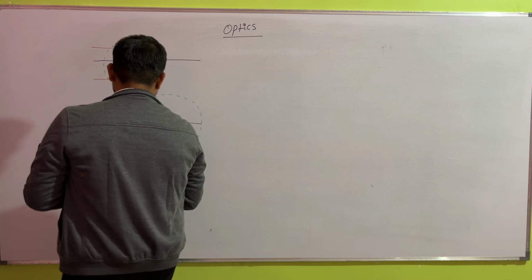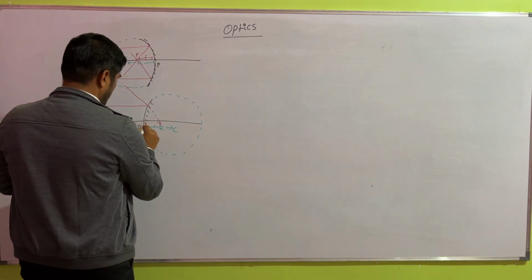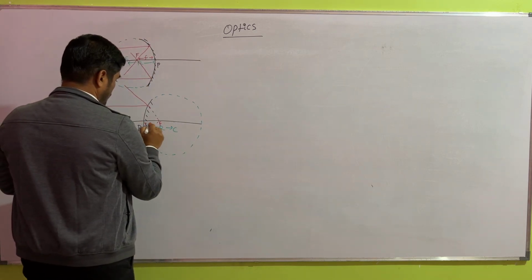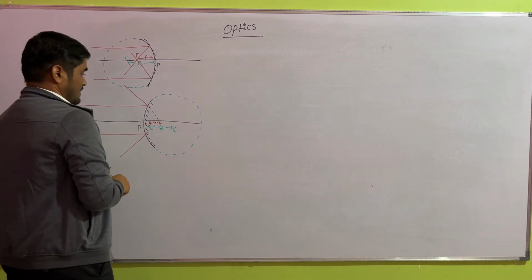So the distance between the pole and the focus is known as the focal length.